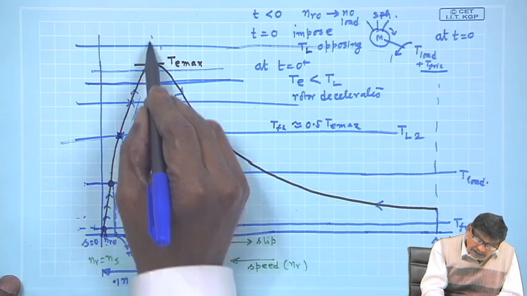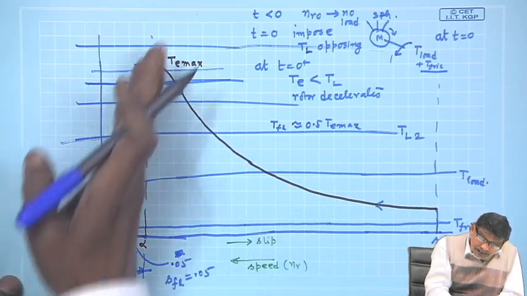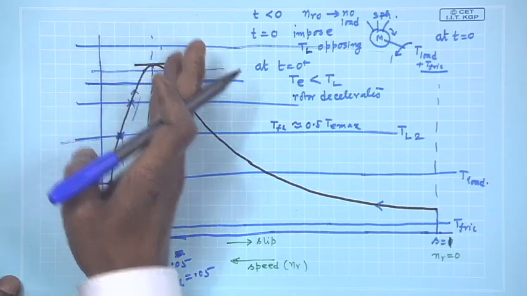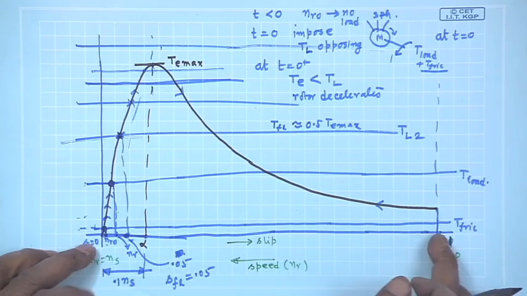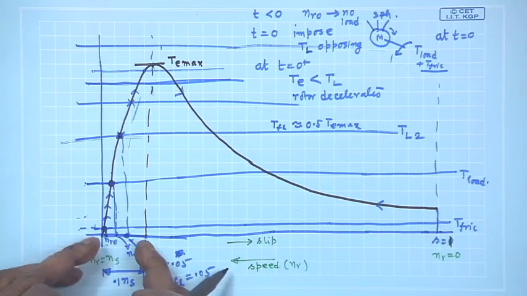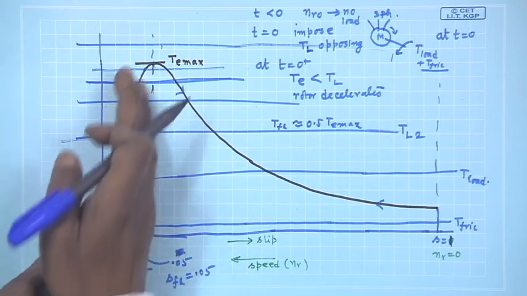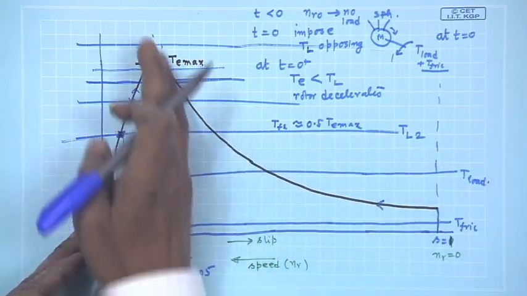So, this zone, mind you, is very steep, and this occupies only 1/10 of the scale roughly, and then this is the rest of the things.